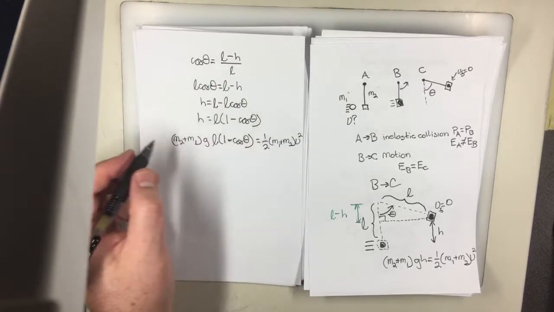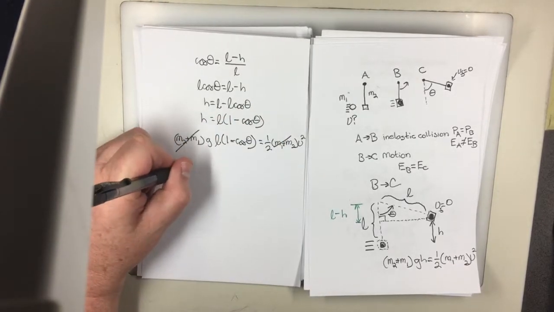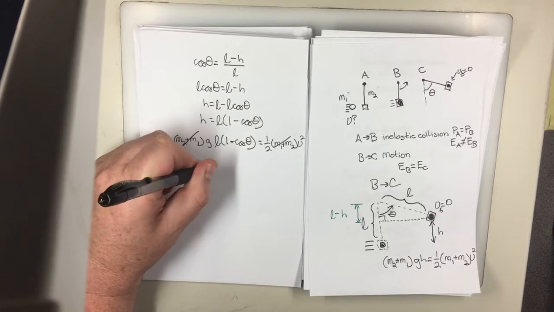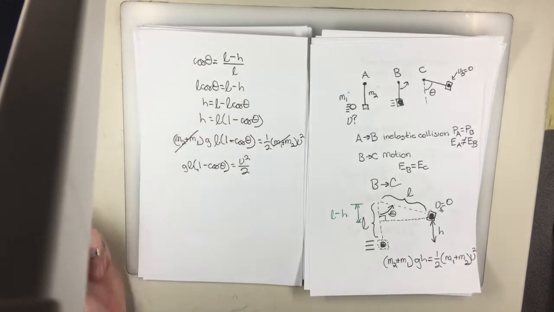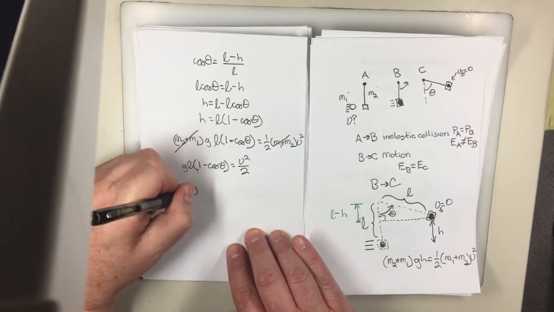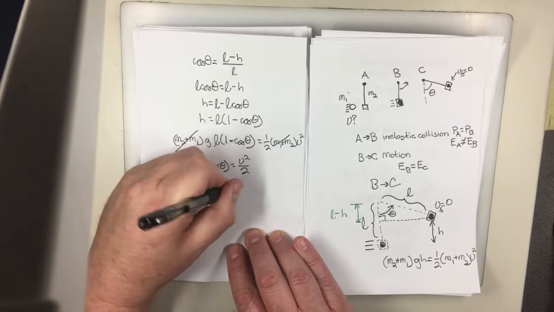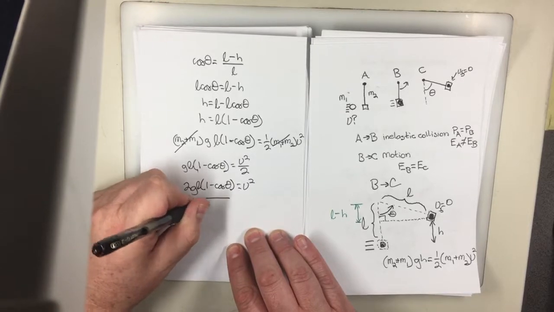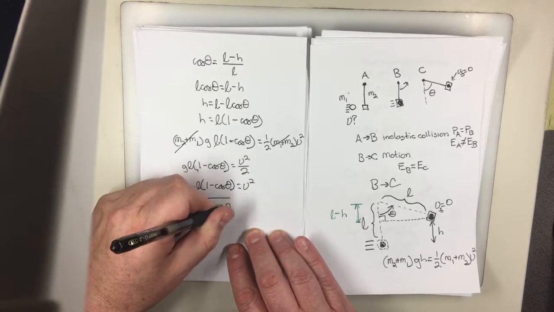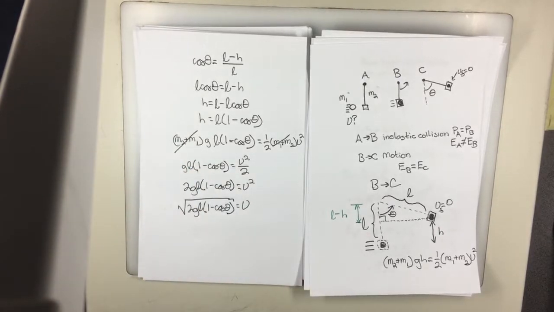Now there's an M1 plus M2 term in both, so they cancel, and I'm left with g L (1 minus cosine theta) equal to V squared over 2. Or 2 g L (1 minus cosine theta) is equal to V squared, or V equals the square root of 2 g L (1 minus cosine theta). And so that is the velocity.